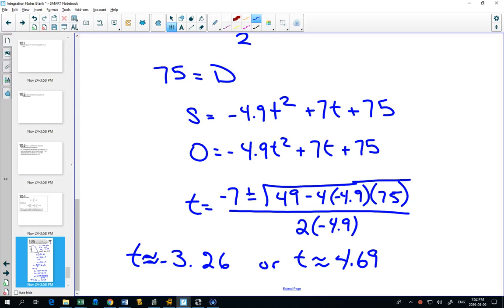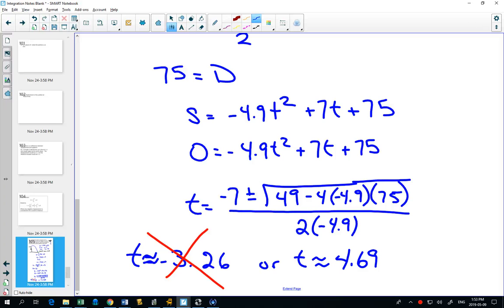Are we done? No. Why not? Negative. Yeah, this answer we would have to put an X through. You can't throw it up in the air and then say, yeah, it landed 4 seconds ago before I threw it. Or 3 seconds before I threw it.